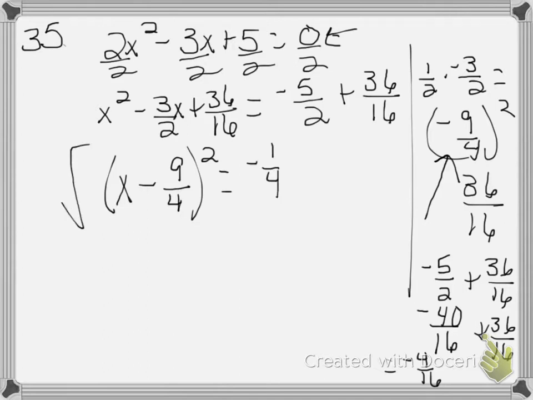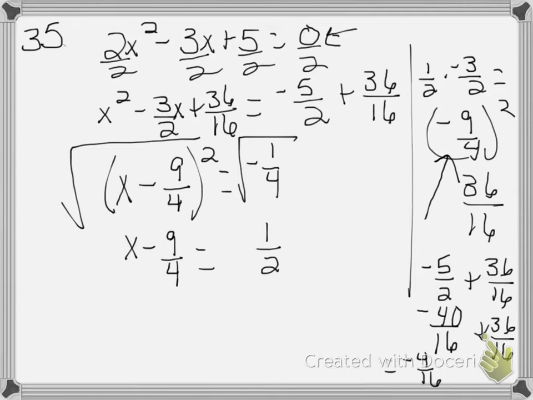Take the square root, so what's inside just falls out. And that gives me an imaginary number, which is i, and the square root of 1 is 1, and the square root of 4 is 2. So it's 1/2 i is really the right way to say it.